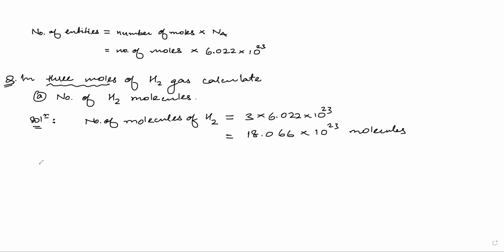Okay. Now if I ask you number of hydrogen atoms, then how will you solve this? It will not be the same. How many hydrogens are there in one H2? 2, no?